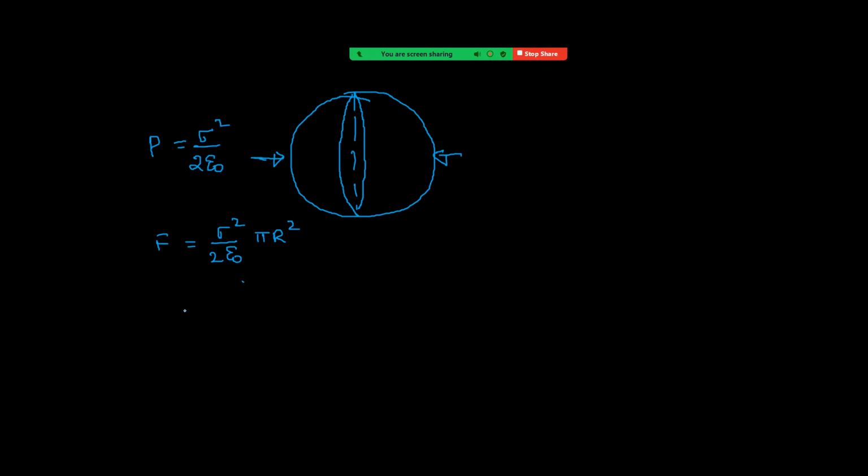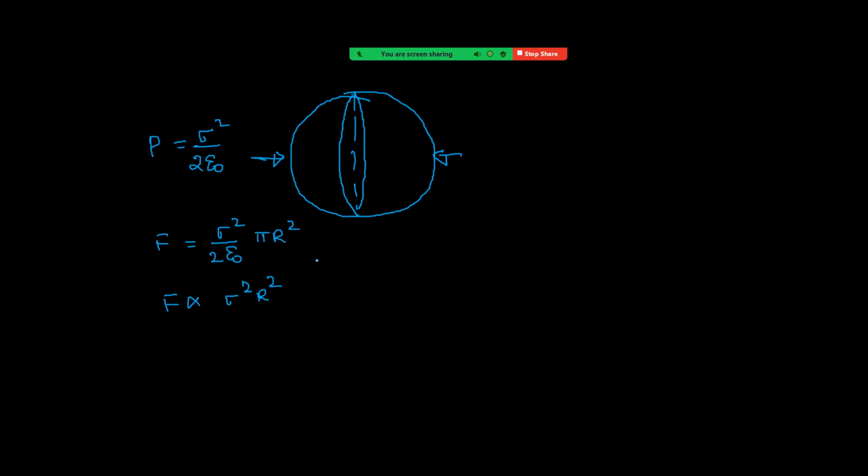Now he is asking proportional to what? So F proportional to sigma, constant. I think sigma is also given there. So in that case, we can write proportional to sigma square and r square, right? These two. So proportional to sigma square into r square, because sigma is also variable, r is also variable.